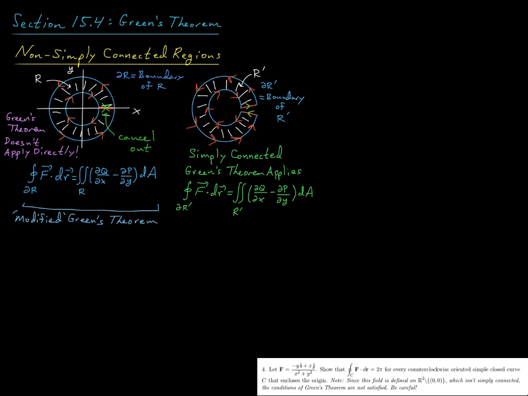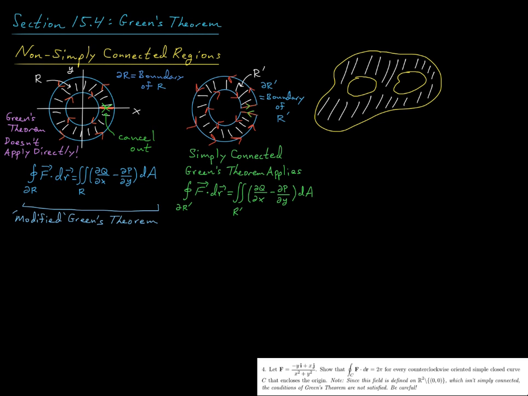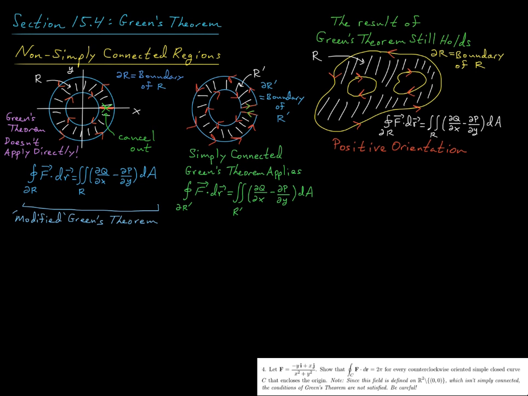All right, so now what if I had a more general region, like something like this? By a very similar argument, we can still get a modified version of Green's theorem to follow. If I call this region R, it's not simply connected because of these holes, but I'm going to have this positive orientation where on this outer boundary piece I am moving counterclockwise, but on these inner boundary pieces I'm walking clockwise, because I always want my region R to be off to my left as I move along the boundary.